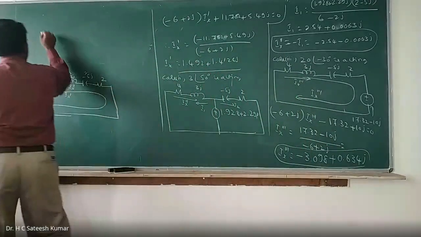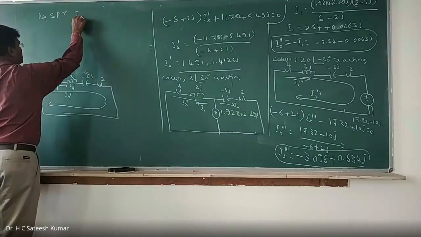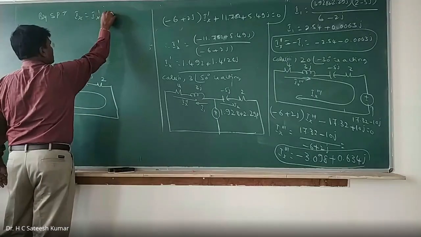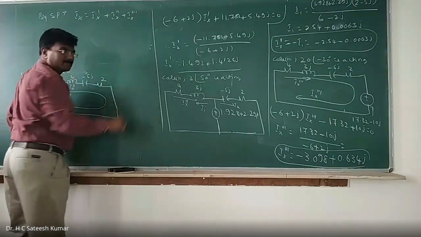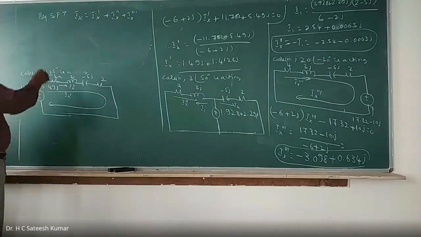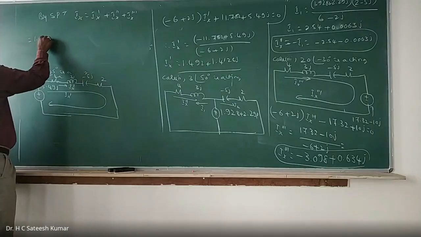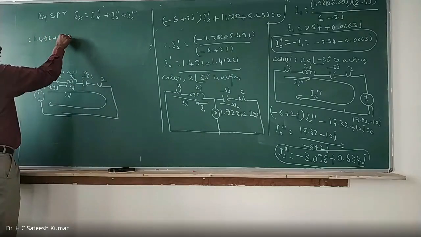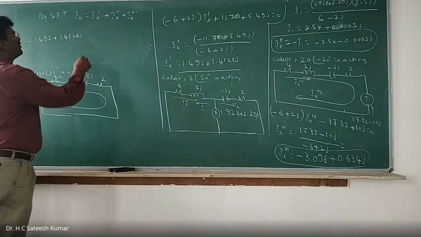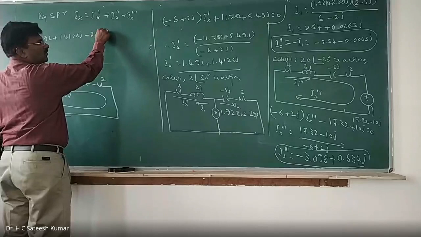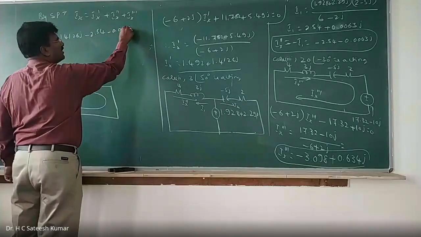Now, by the superposition theorem, Ix is equal to Ix dash plus Ix double dash plus Ix triple dash. Ix dash is what? 1.492 plus 1.4126j. Second case, minus 2.54 minus 0.0063j.